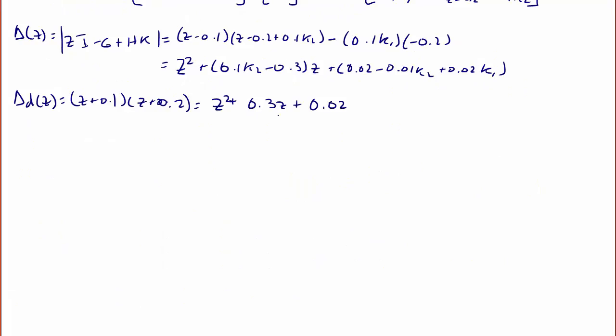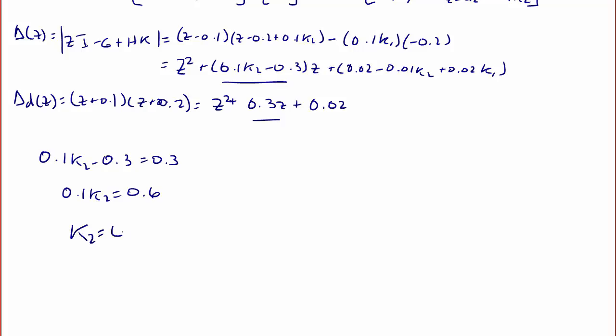So now we equate coefficients. And what we get here is that 0.1 K2 minus 0.3 equals 0.3. So 0.1 K2 equals 0.6. So K2 is equal to 6. When we equate coefficients over here, we get 0.02 minus 0.01 K2 plus 0.02 K1 equals 0.02.